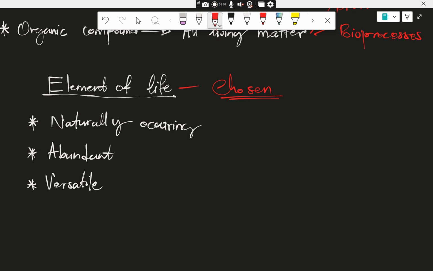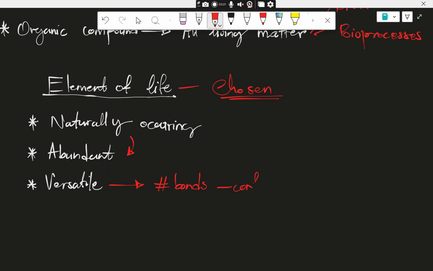So if it's naturally occurring, it explains itself why it's abundant, right? And versatile, this is because of the number of bonds that carbon can form, right? So it can create many configurations.